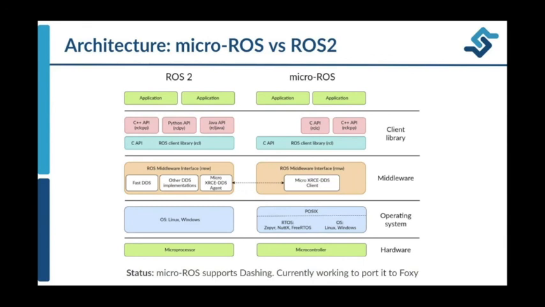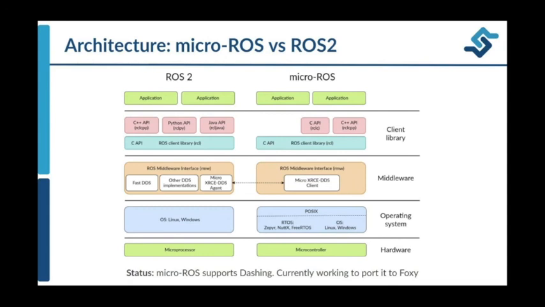As already discussed, in the case of ROS2, its implementation is an implementation of DDS, and specifically the default one used by ROS2 at the moment is Fast DDS by eProsima, while in the case of micro-ROS, the only existing middleware is the Micro XRCE-DDS client.